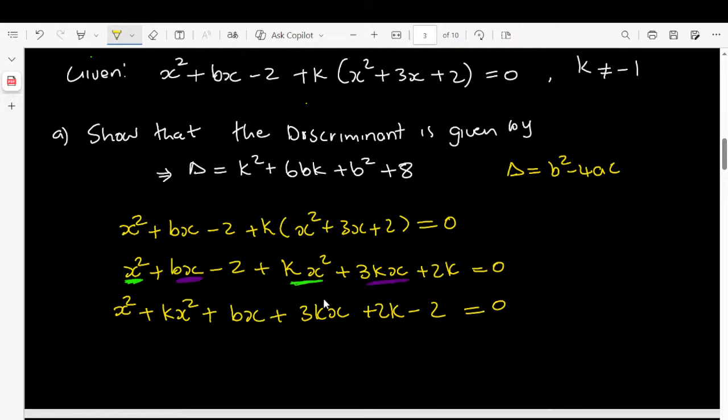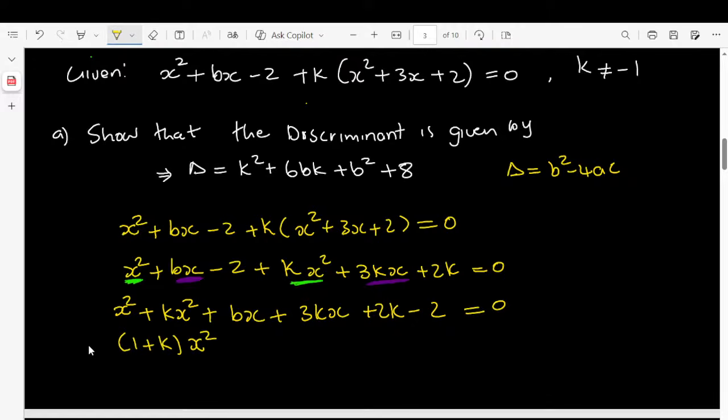Now I need to take out the common factor x squared. This is how you write it: 1 plus k, then the x squared outside.